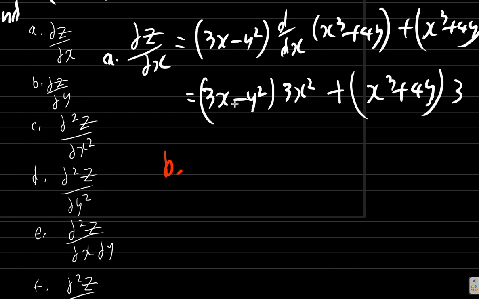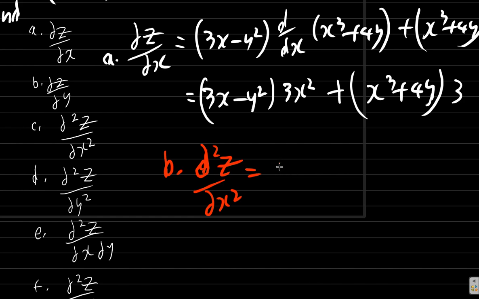Delta squared z by delta x squared. Here D is delta, it should be. You're going to have this differentiated with respect to x. But it's a product of two more functions in x. So this part, use the product rule.